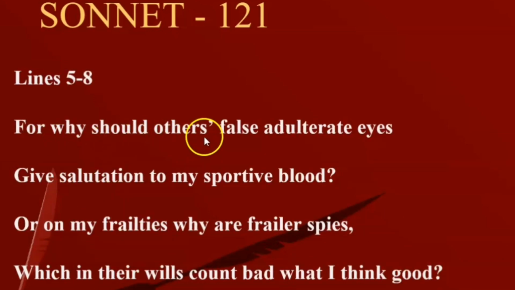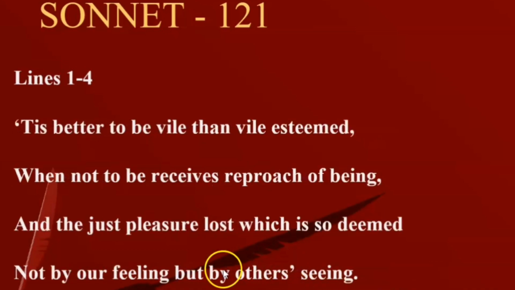For why should others' false, adulterate eyes give salutation to my spotty blood? Or on my frailties, why are frailer spies, which in their wills count bad what I think good? It's better to be vile than vile esteemed. So that is how the poet begins the poem, no?